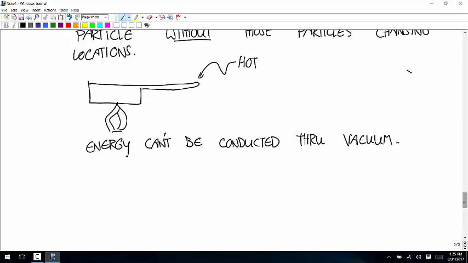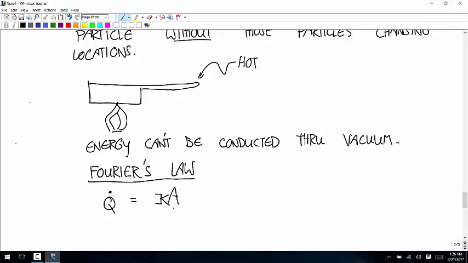And the rate of heat transfer through conduction works through an equation called Fourier's law. That says the time rate of change of heat transfer is equal to a constant kappa times A, a cross-sectional area.